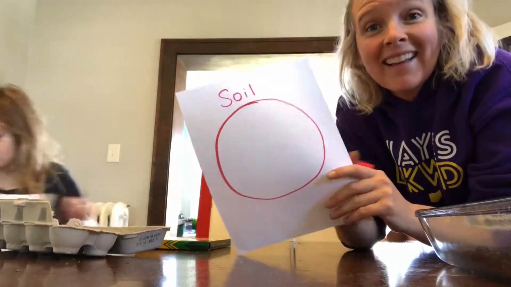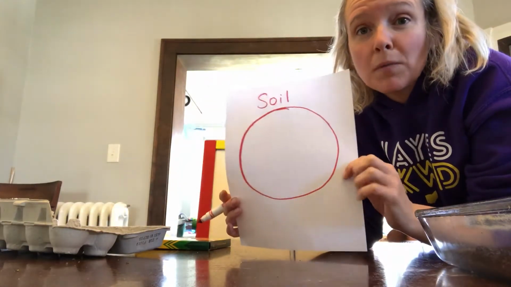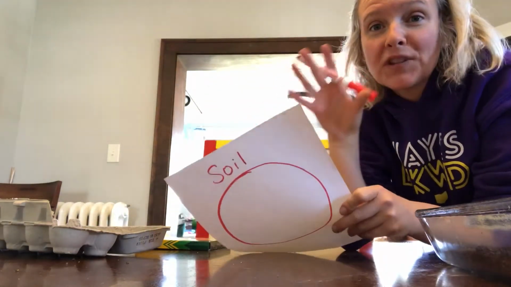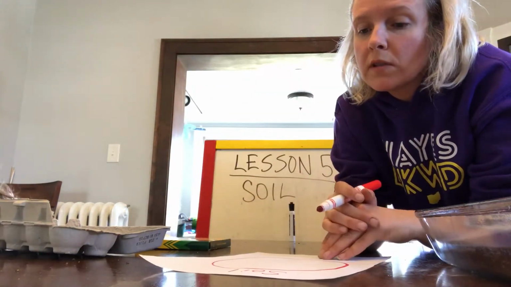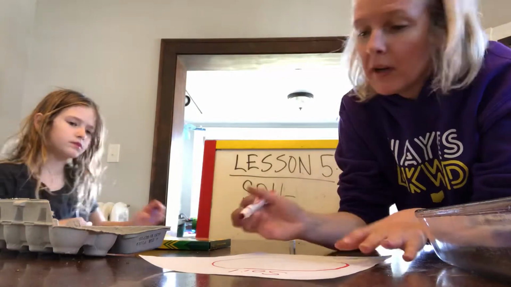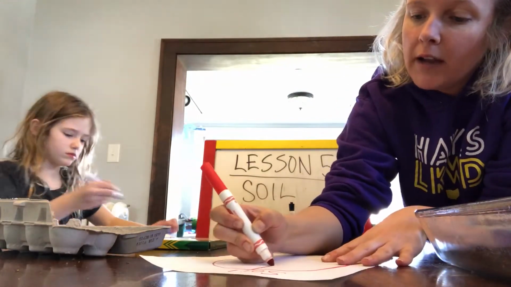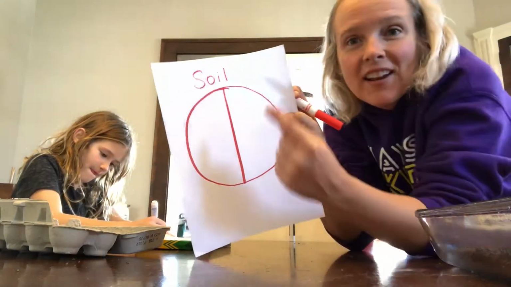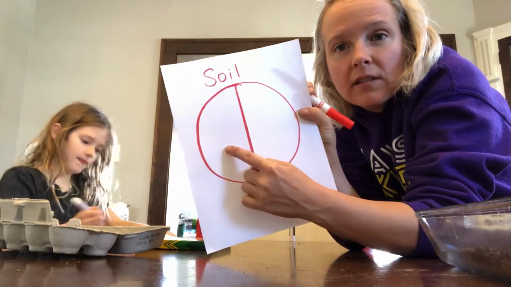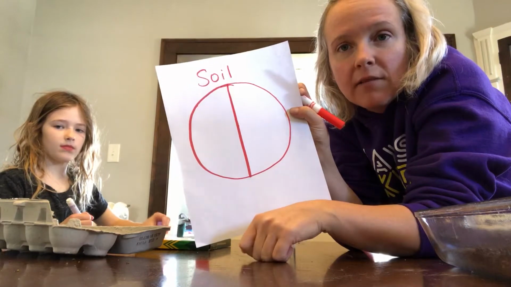Yours does not have to be perfect. So a pie chart is used when we're talking about 100% of something or all of something. So soil is made up of a lot of things. What we're going to do, I just want to have you draw a line right down the middle, like that. Now we've divided our soil into 2 parts, 50%, 50%.